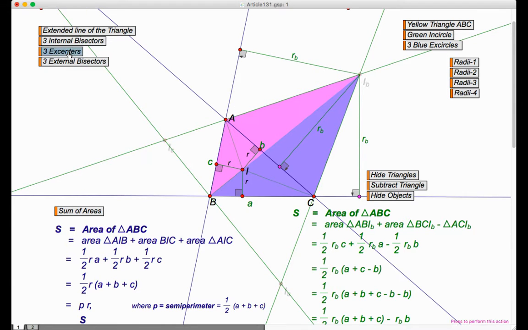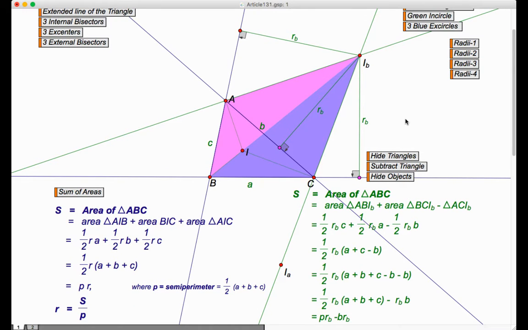And then we have the three excenters. So let's focus on this. I do not need this one, so I will hide this as well as this portion, and I will hide this portion also. That's good enough.